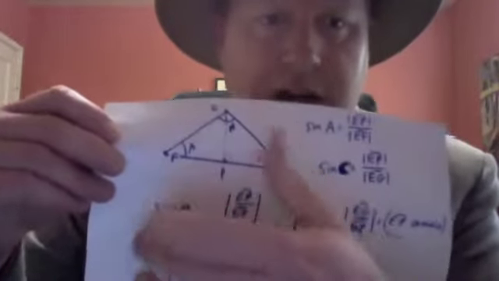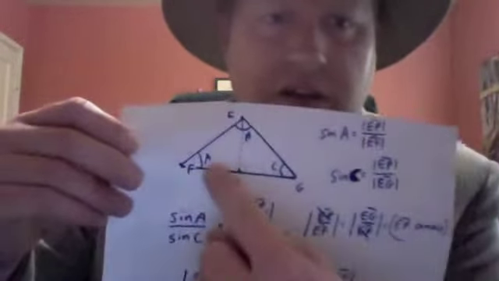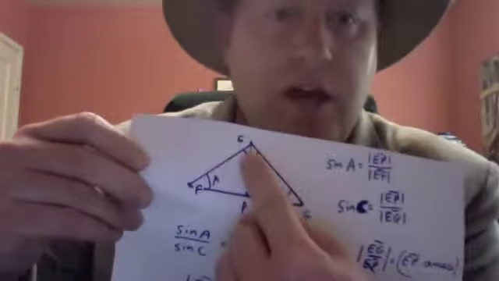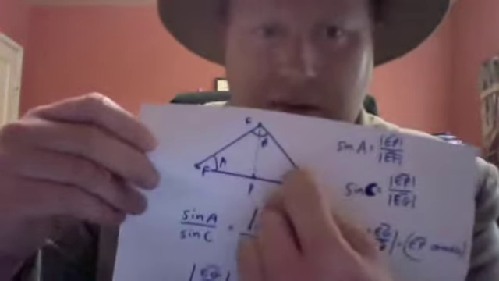I could make this over here angle C, this over here angle A, and this over here angle B. So bottom line is, if I've proven the law of sines for two angles, I've proven the law of sines for any two angles.